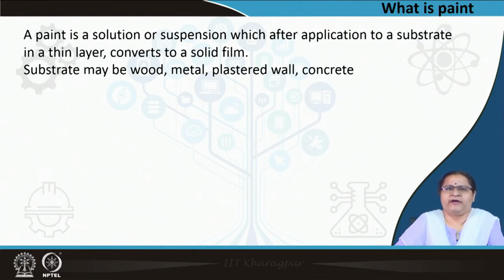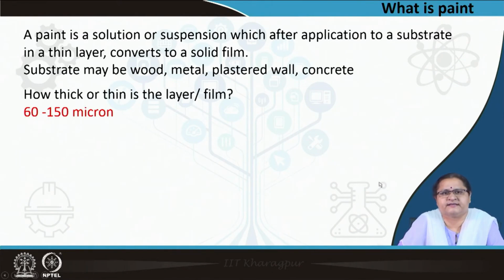So, we have a thin layer which converts into a solid film. Obviously there is some material which helps it to become solid and to get applied when it is in a thin layer.